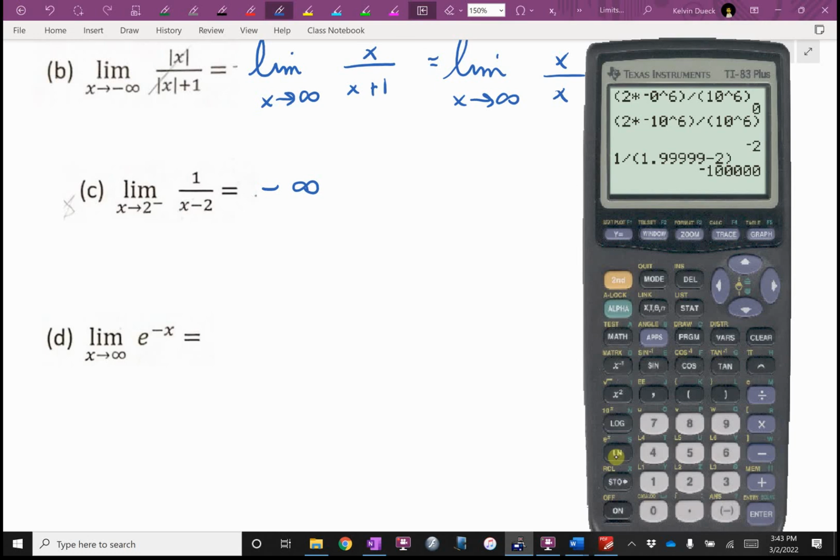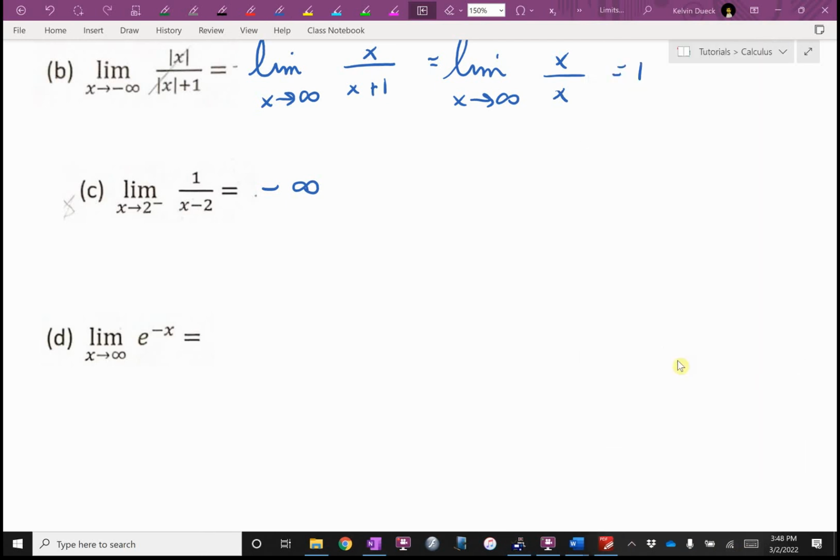You all have somewhere an ln button. Somewhere you've got an ln button, probably right near your log button. You see it? Find it? Almost certainly second function ln is your e to the. Now I'll come help you find it.